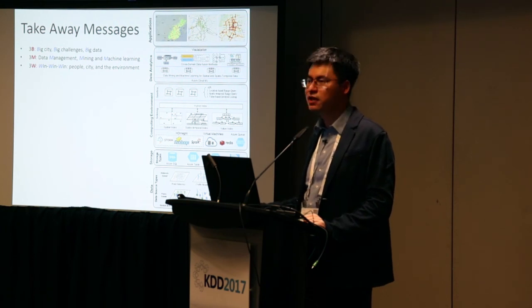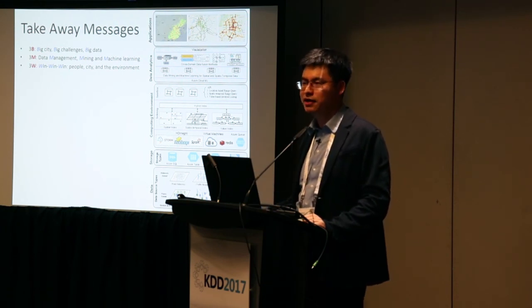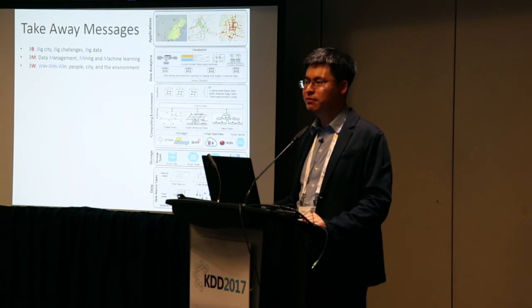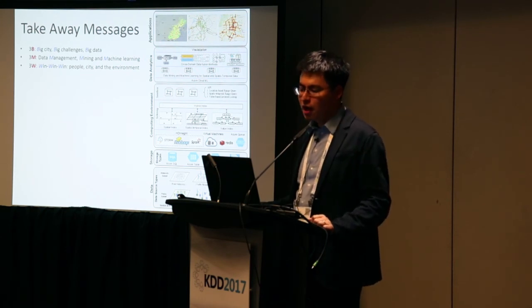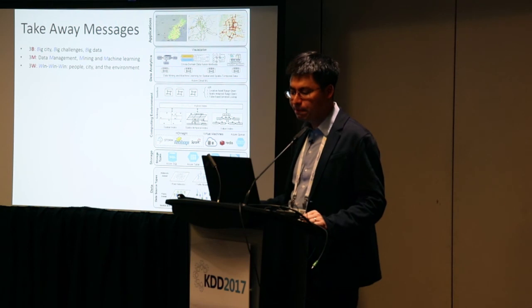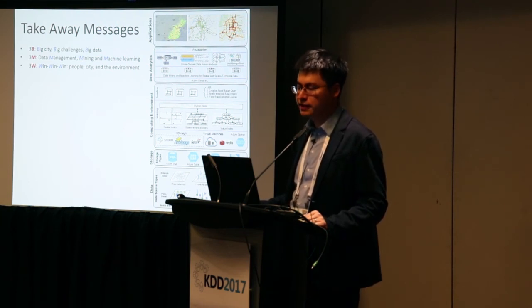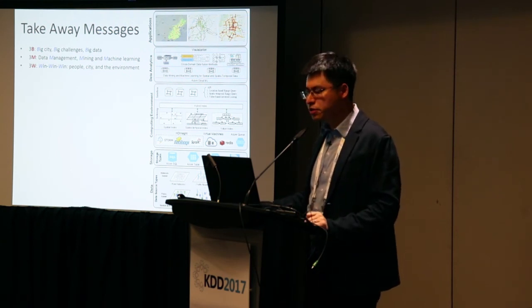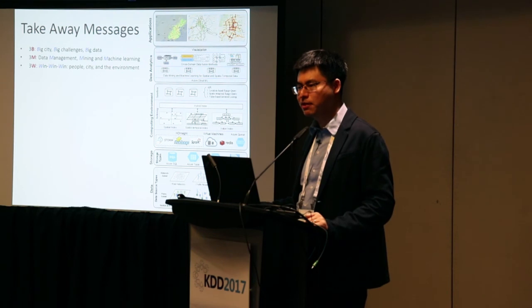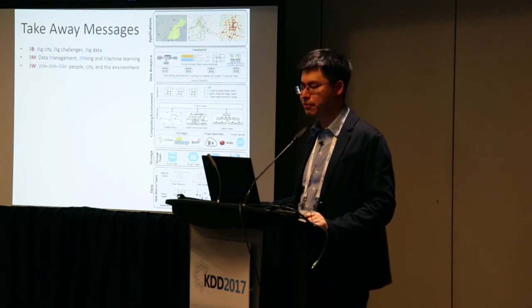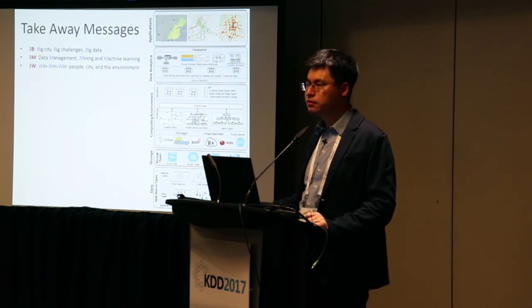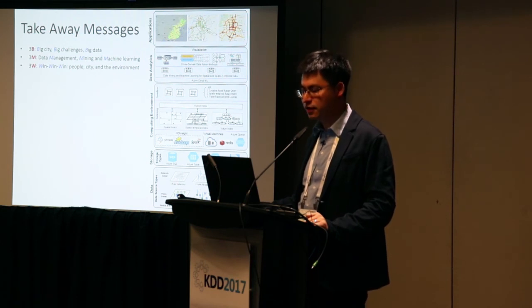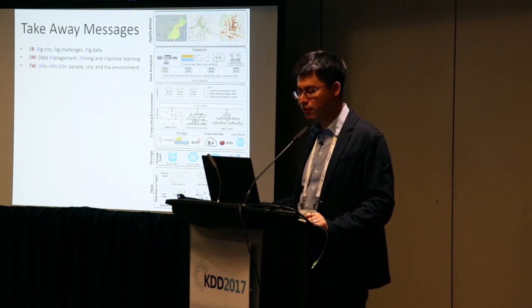If someone comes to you and asks what urban computing is, you tell them the 3 characters. First, our goal is using big data to solve big challenges in big cities. So that's 3B. Our solution is using data management, data mining, and machine learning. That's 3M. And our result is a win-win-win situation among people, city, and environment.